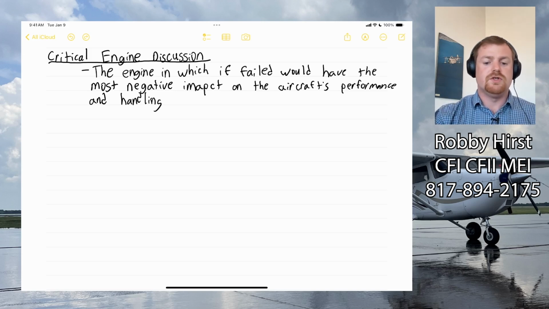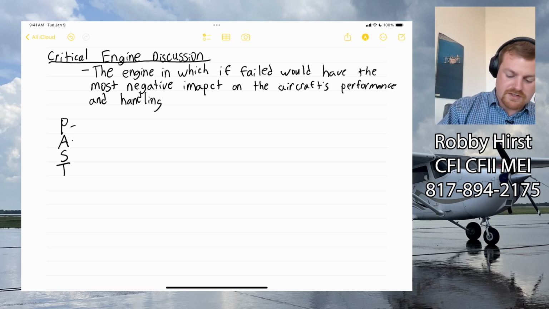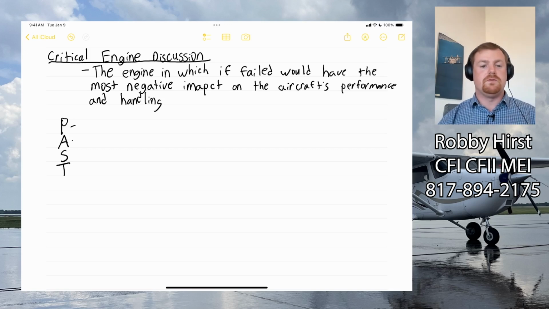In order to remember that, we're going to have an acronym, because we're in aviation, and of course everything is acronyms. So we're going to have the acronym P.A.S.T. And P.A.S.T. is going to define what makes a critical engine.